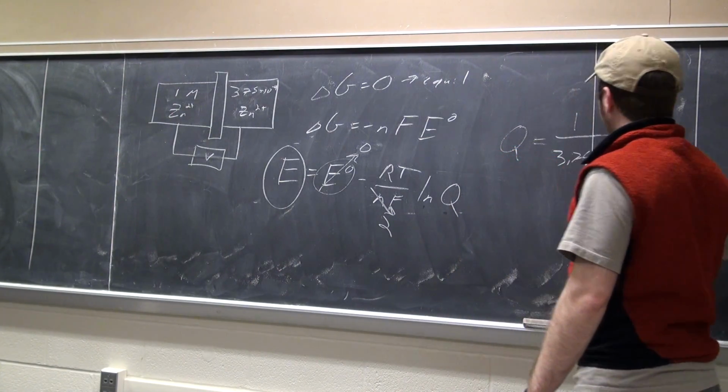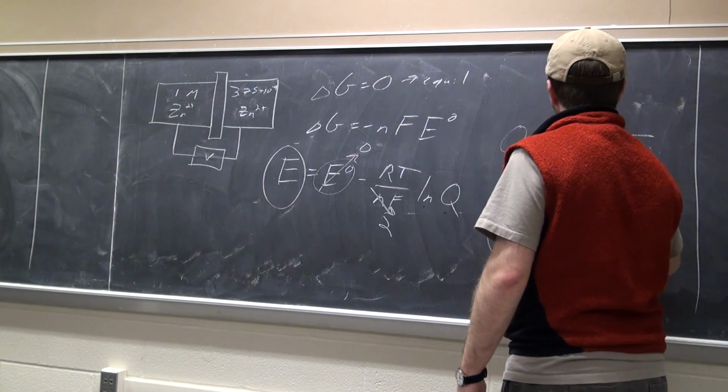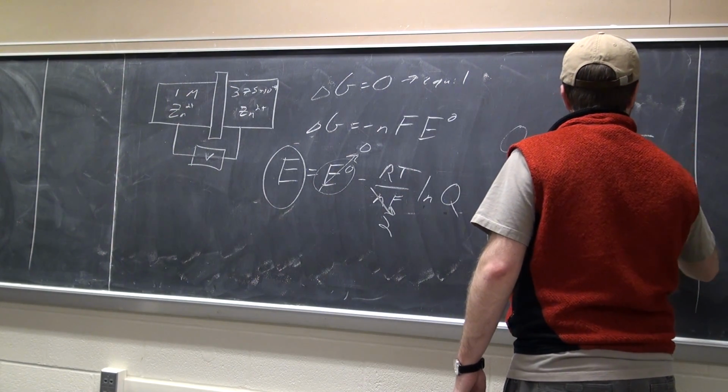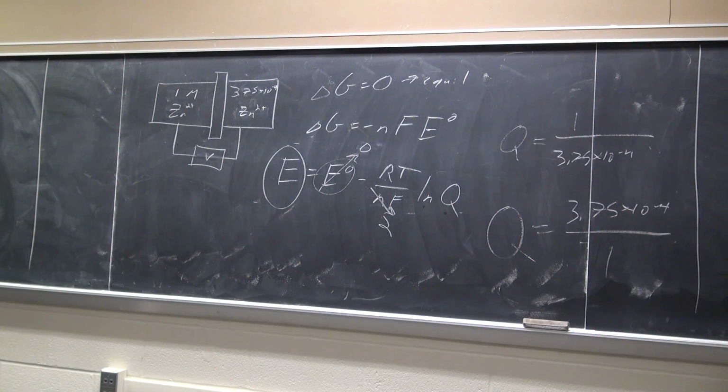Okay, that's fine. What if I make Q 3.75 times 10 to the negative 4 over 1? How does my answer change? What's the log of this, and what's the log of this? And how are they related? Negatives. Right? They're negatives of each other.